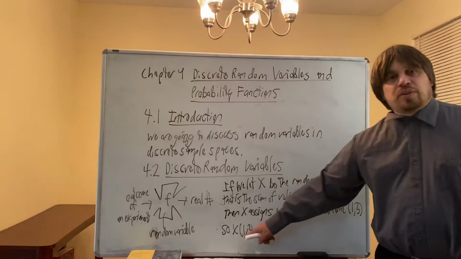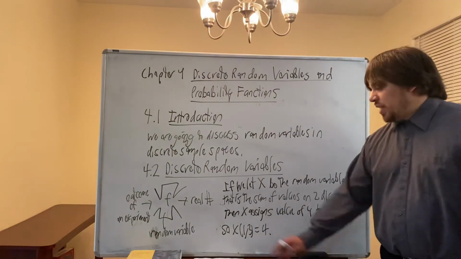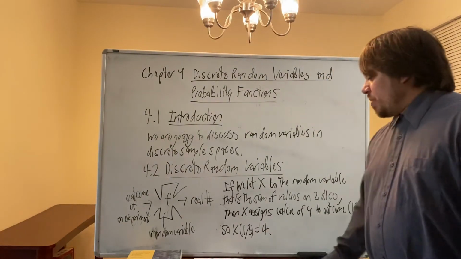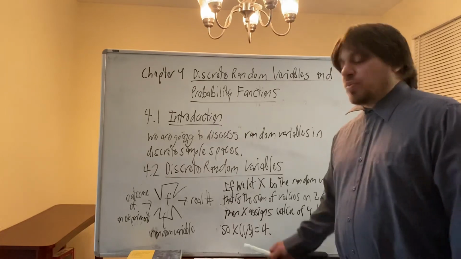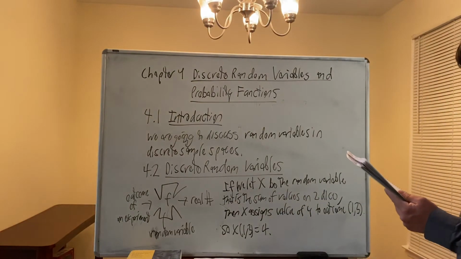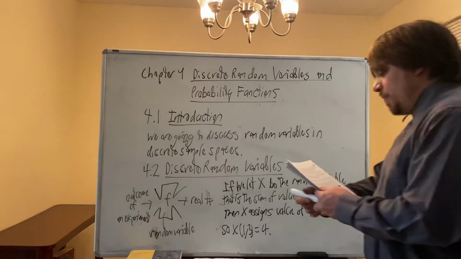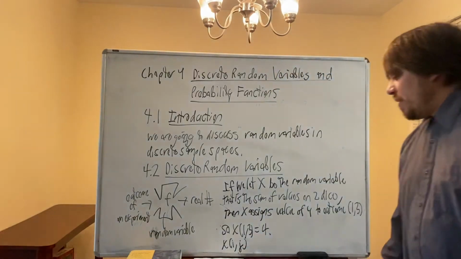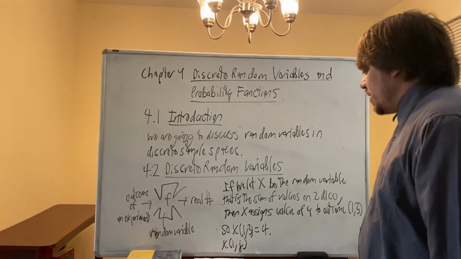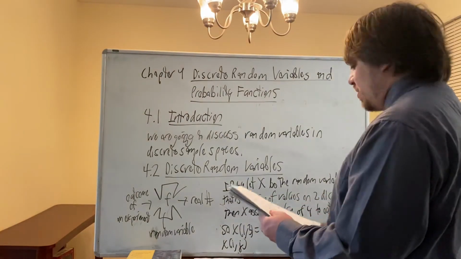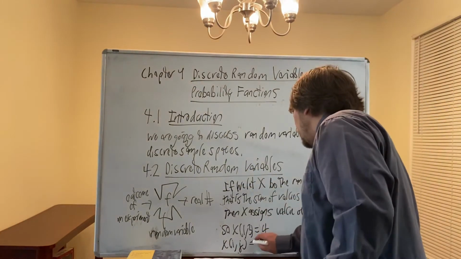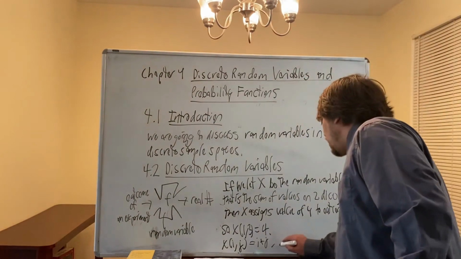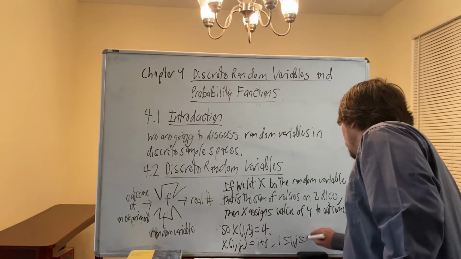Right? 1 is the value in the first roll of the die, 3 is the value in the second roll of the die. X of 1, 3 is a function, a random variable that takes the outcome of the experiment 1, 3 and spits out the sum of the two values, 1 plus 3, which is 4. Okay? And so in general, X of i, j, if you have an outcome where the first roll of the dice is i and the second roll is j, and X is the sum of the values in the two dice, then X of i, j is going to equal i plus j, where both i and j are between 1 and 6 inclusive.